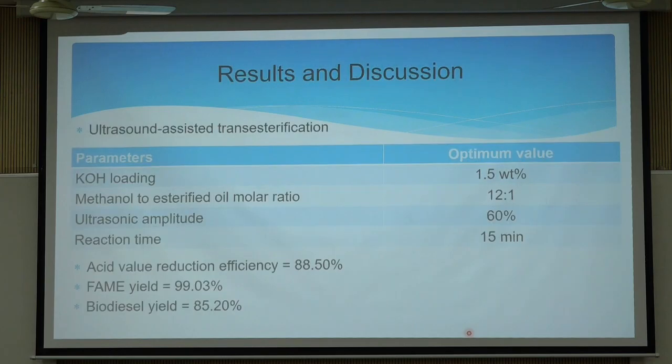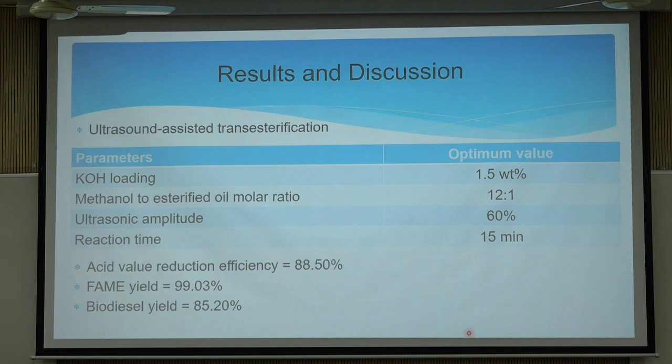So this is the overall final result. The acid value was reduced by up to 88%, whereas previously we achieved 99%, and the biodiesel yield is 85% compared to the raw material.